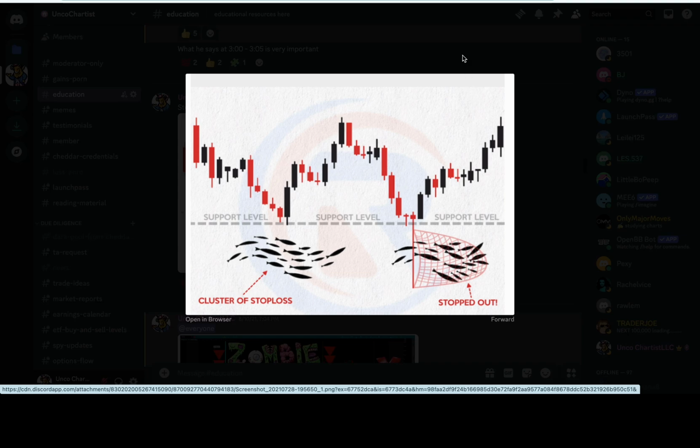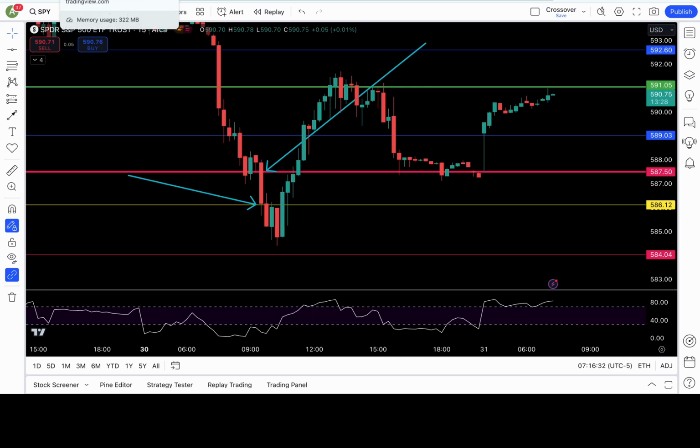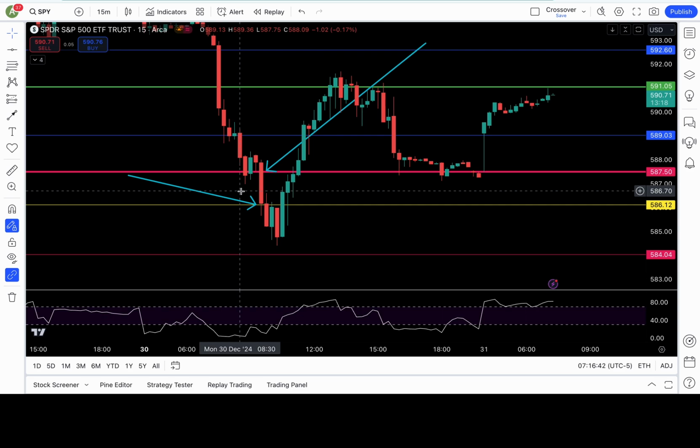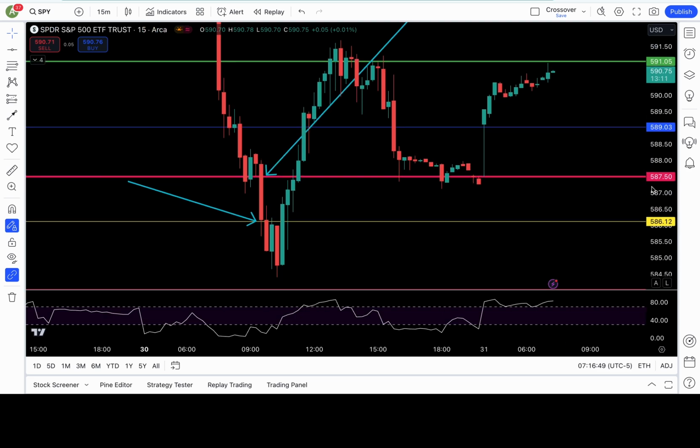This is a trappy thing that the market makers love to do, but how do we use this information to our advantage? If you guys have been following Uncle Charles long enough, you know that the greatest trade setup of all time is the false breakdown setup or the false breakout setup. In this case, we can talk about the false breakdown because you see here, guys, how we broke down 587.5. You see here how we broke down 586.